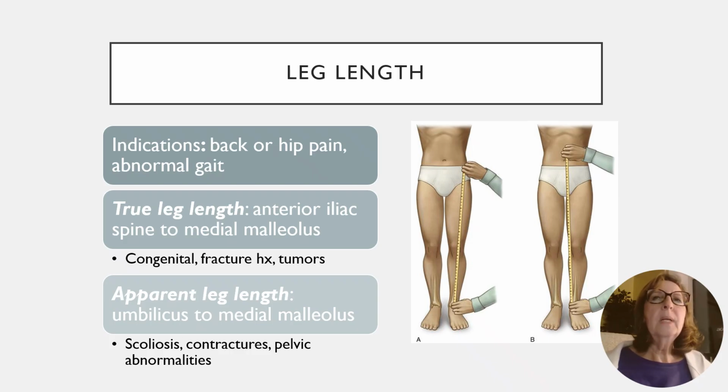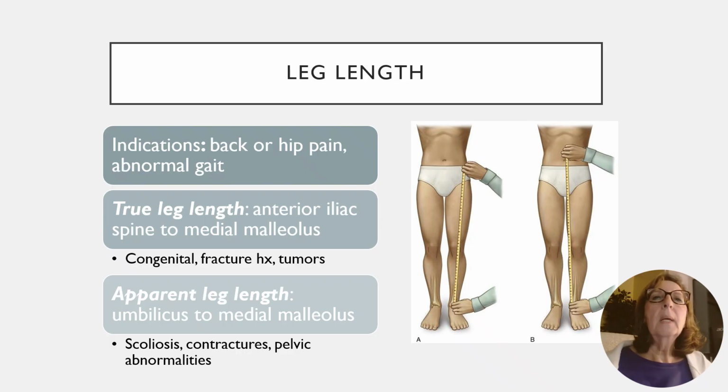One of the things that we need to check, especially if there's some kind of abnormality with the patient's gait or if they're complaining of back pain or hip pain, is the length of their legs. So we're going to measure from the anterior iliac spine to the medial malleolus.